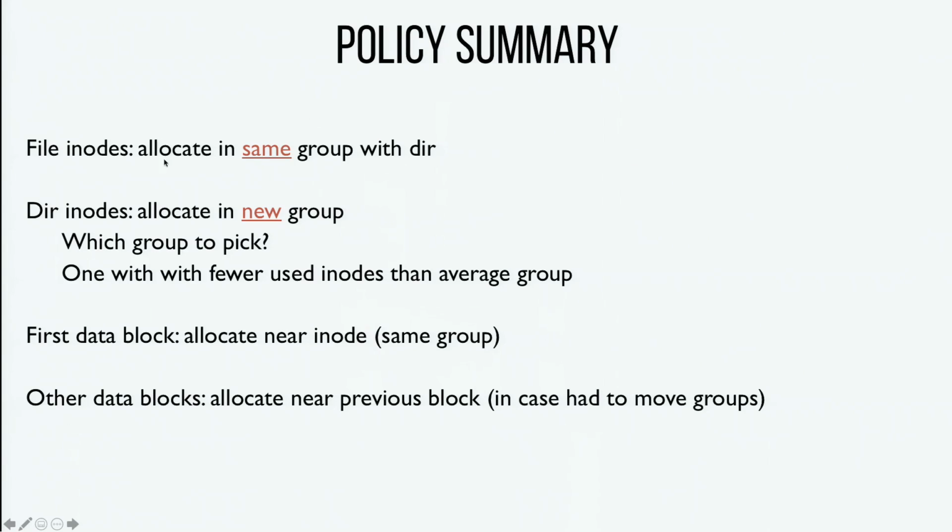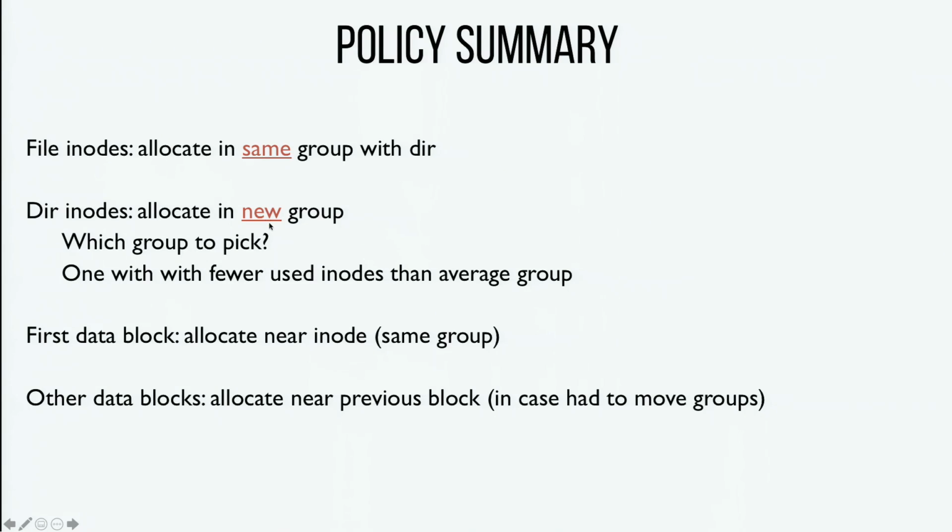So what we're doing here then, remember, if you have a file inode, you'll put it in the same group as the directory inode and data. And then what do you do when you create a new directory and you have to figure out where to put its inode? You'll put it in a new group, and so you'll have to pick which group to put it into. We're not going to care about locality at all. It doesn't matter if it's close to the old one or not. We've given up on being close.